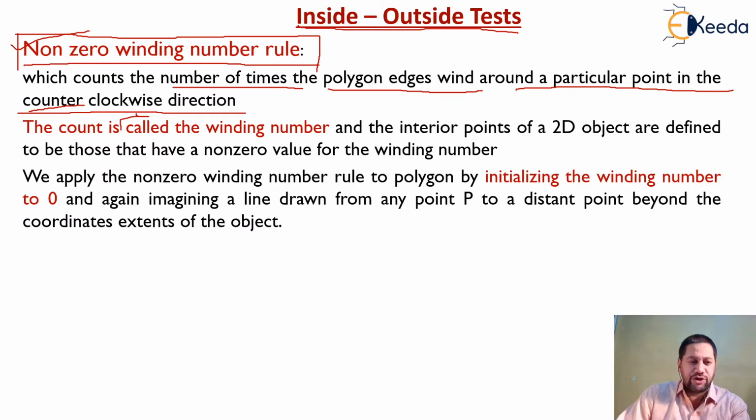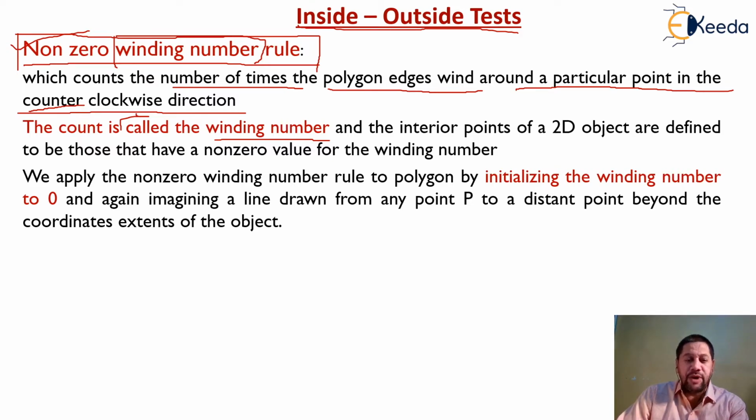The count is called the winding number. That's why the name is given as winding number rule. And the interior points of the 2D object are defined to be those that have a non-zero value.